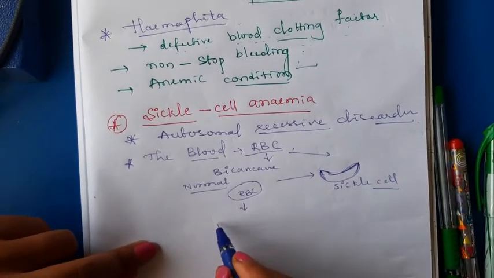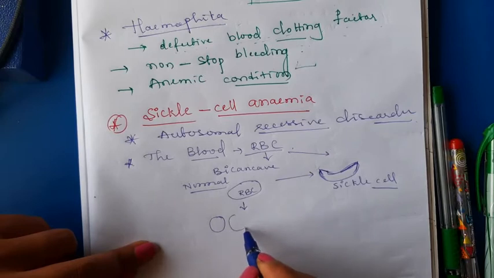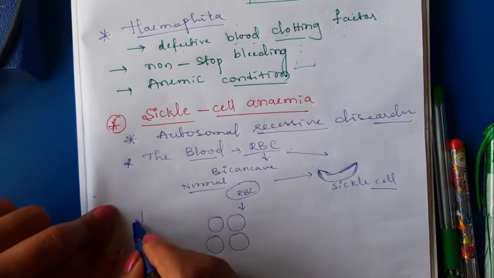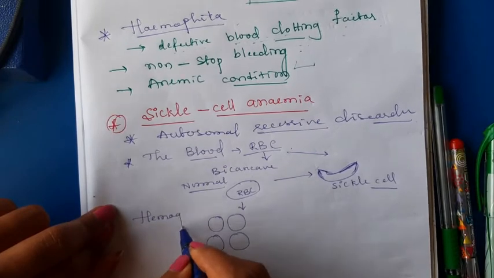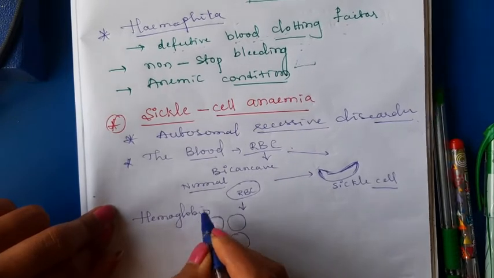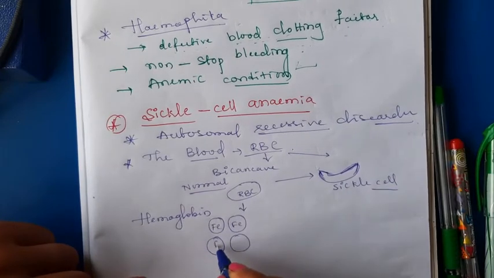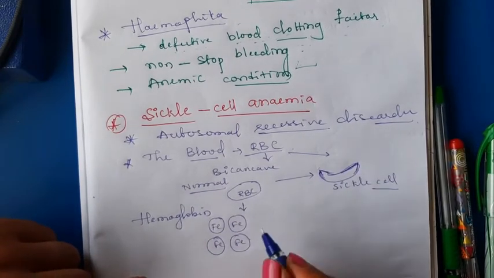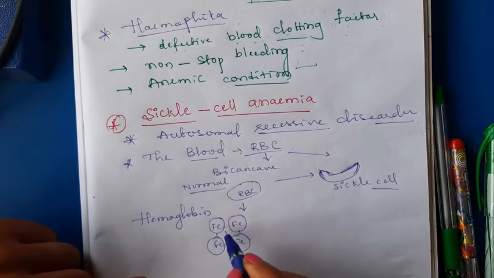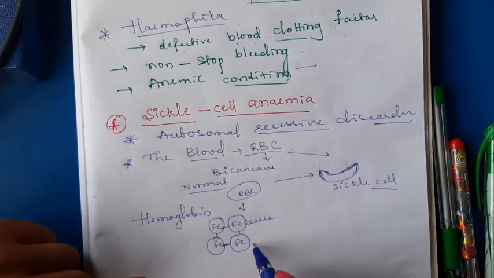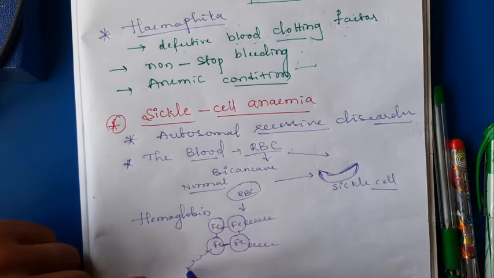You know that the RBC is made by one of the pigments, the hemoglobin. Hemoglobin has a core material that is iron, Fe. It has the tetracyclic iron content and many polypeptide chains are attached to it.